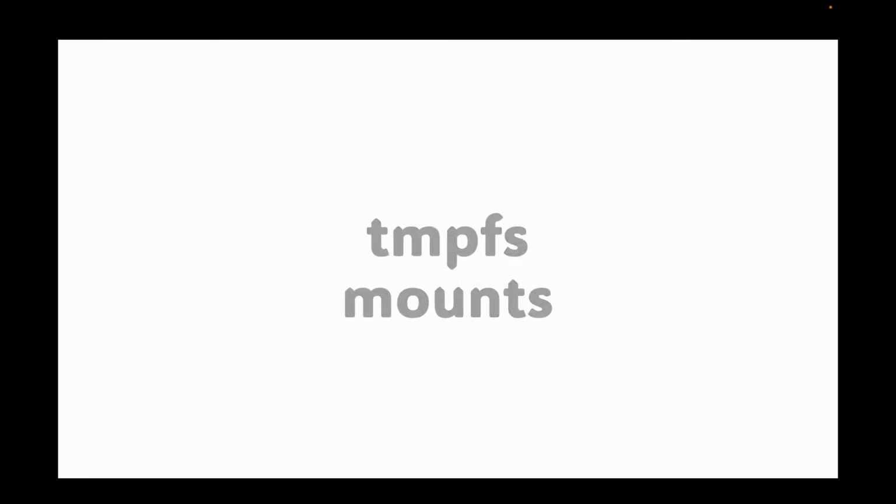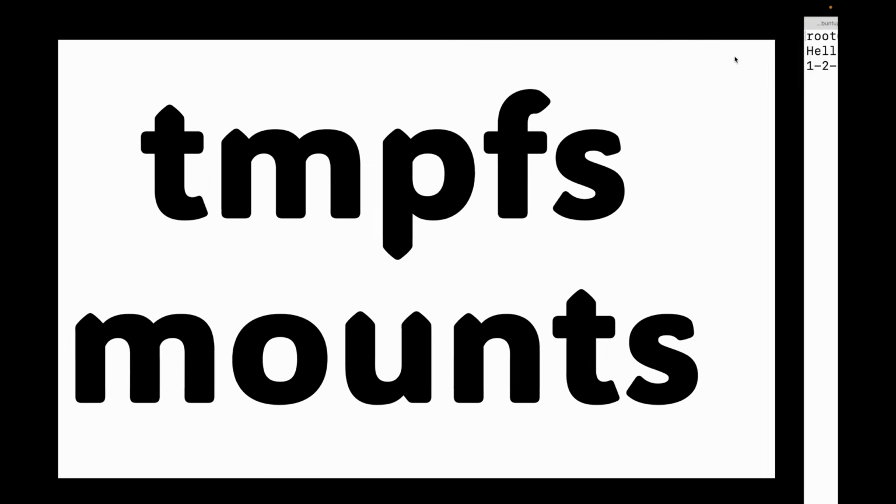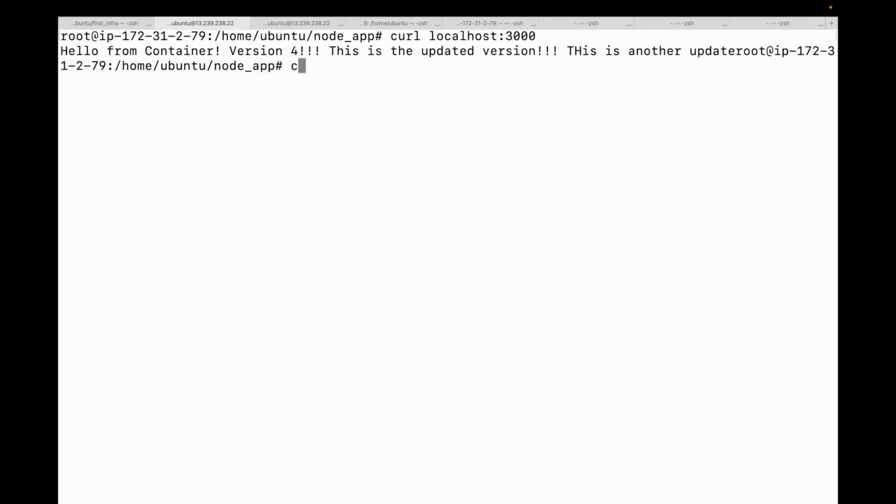Finally, let's look at tmpfs mounts for sensitive non-persistent data. Let's run a container that handles sensitive operations. Maybe it processes authentication tokens or temporary session data. So let's say docker run -d. Let's give this a name, secure-processor, and the mount type is going to be tmpfs.